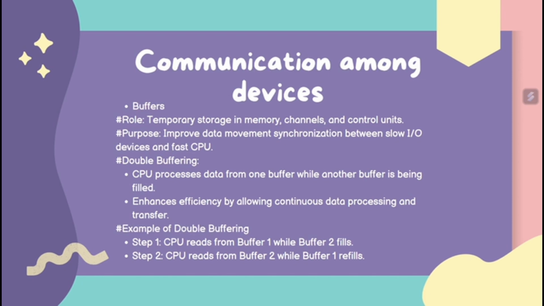We also have double buffering, which means the CPU processes data from one buffer while another buffer is being filled. It enhances efficiency by allowing continuous data processing and transfer. In step 1, the CPU reads from buffer 1 while buffer 2 fills. In step 2, the CPU reads from buffer 2 while buffer 1 refills.